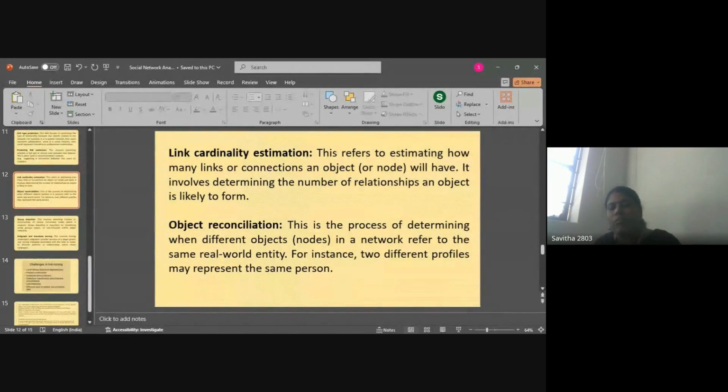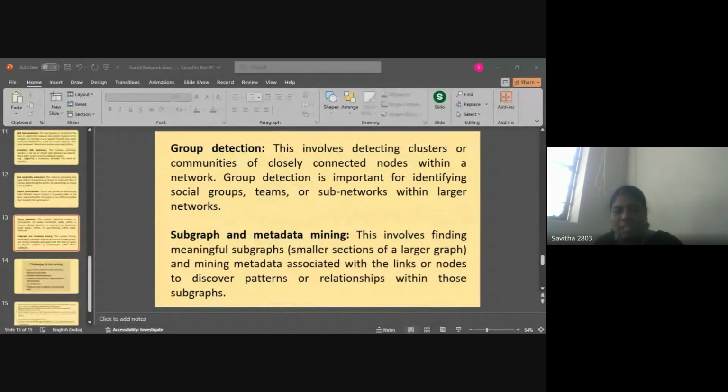Then next one, group detection. Group detection means we need to find the clusters or communities in a particular network. In social media, we need to identify groups of people who continuously or frequently interact with each other and share common interests or the same information within their group of friends or colleagues.